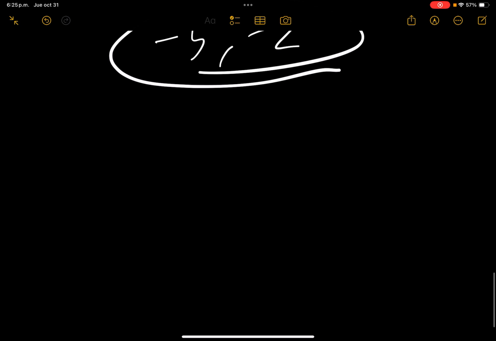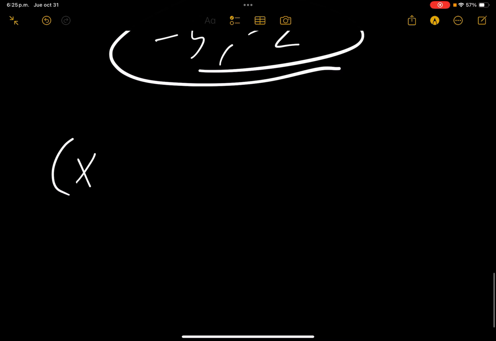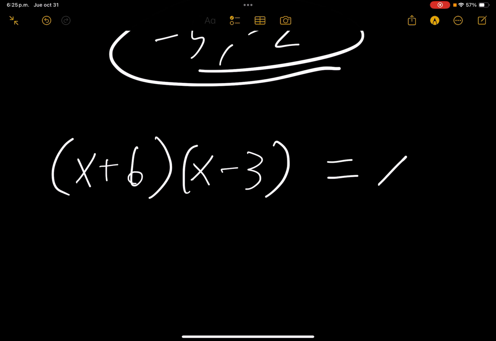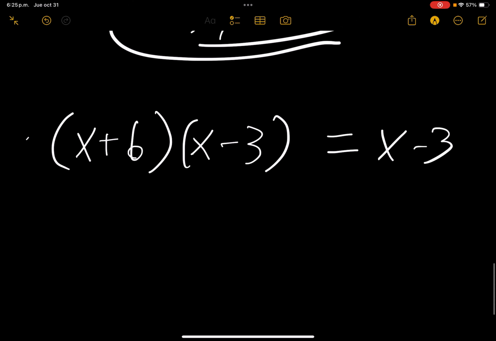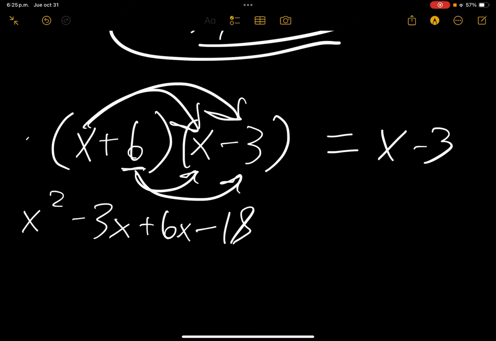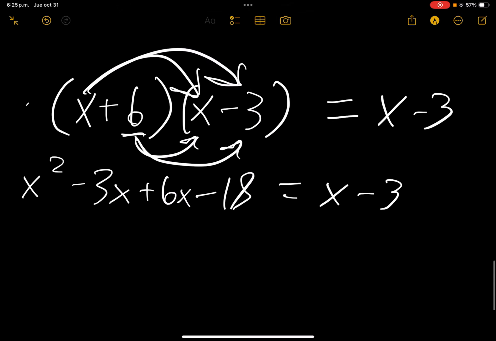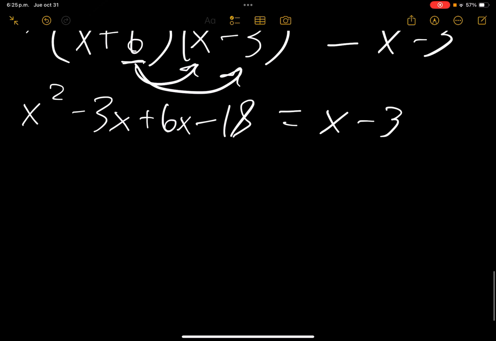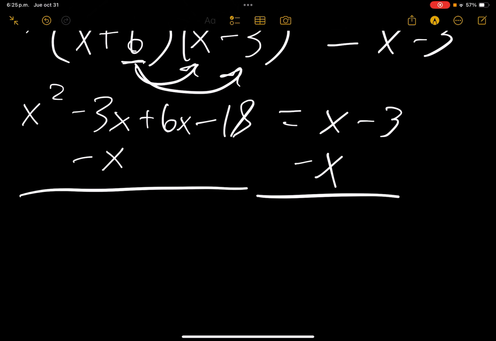There also would have been a harder way to do this problem, which I'll address right here. If we took this and set them equal to each other, we could have multiplied this left side out and gone x times x, x times negative 3. So we could have gone x squared minus 3x, then taken this, plus 6x minus 18 equals x minus 3, and then subtracted x from both sides, as well as added 3.